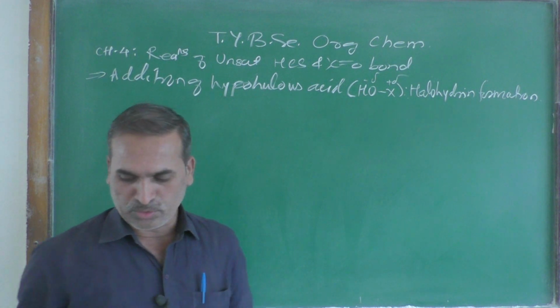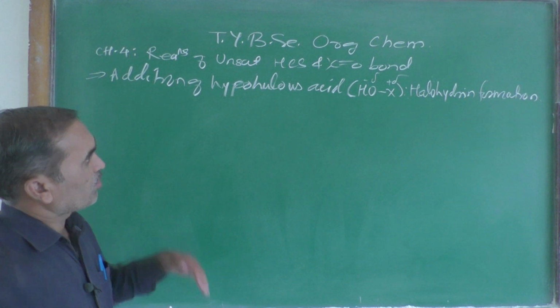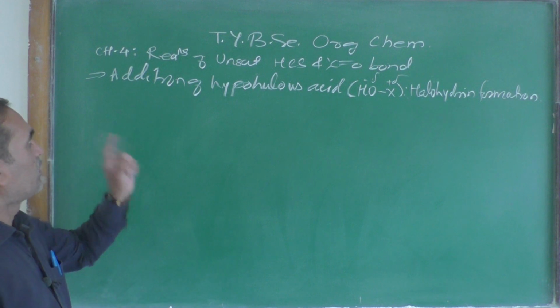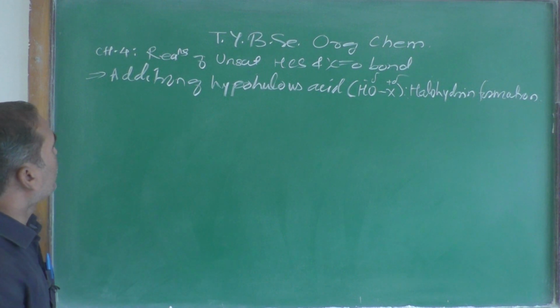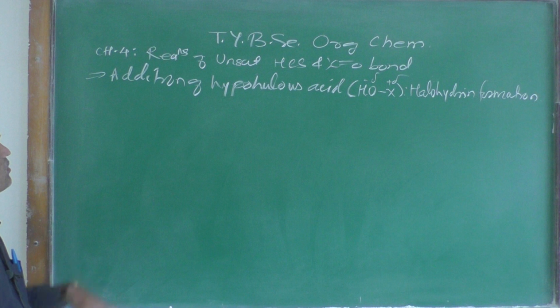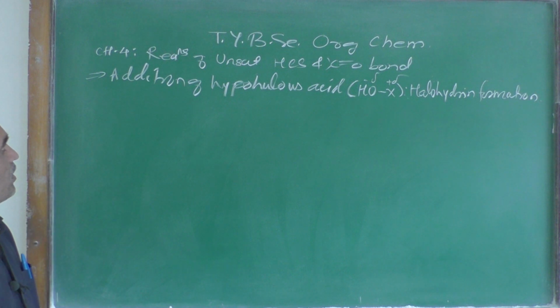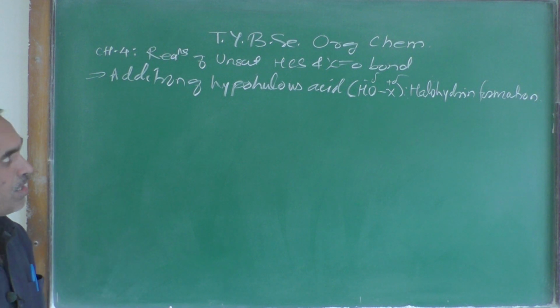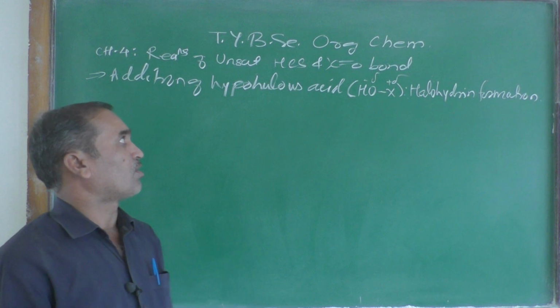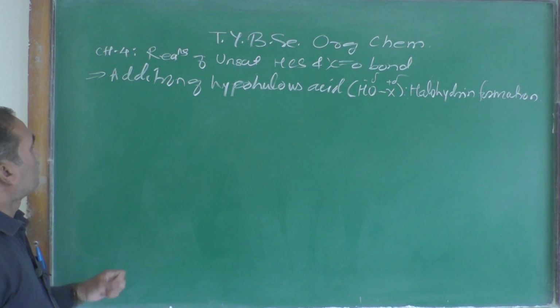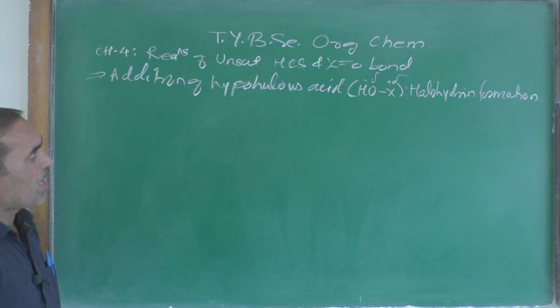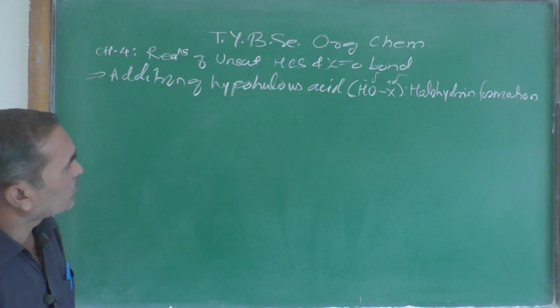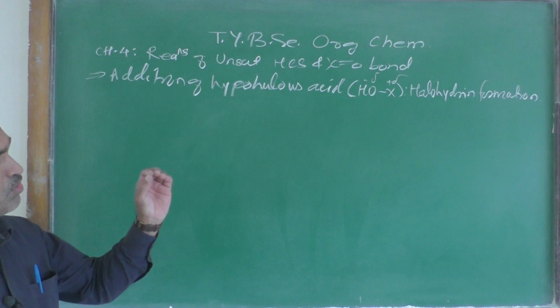What we are going to learn today is chapter number 4, reactions of unsaturated hydrocarbons and carbon oxygen double bond. Here, addition of hypohalous acid, HOX.